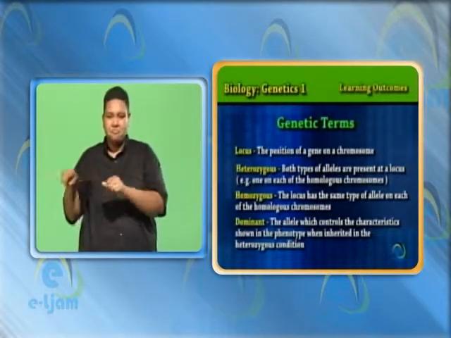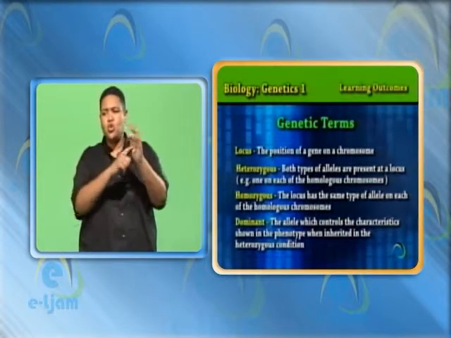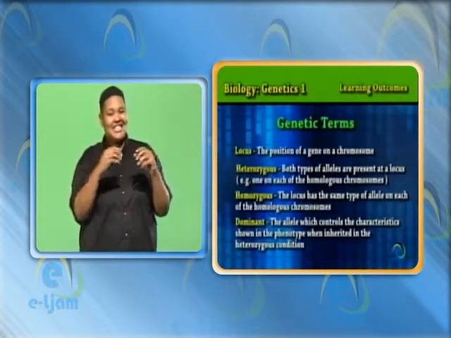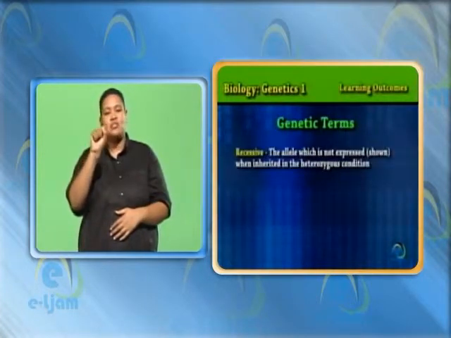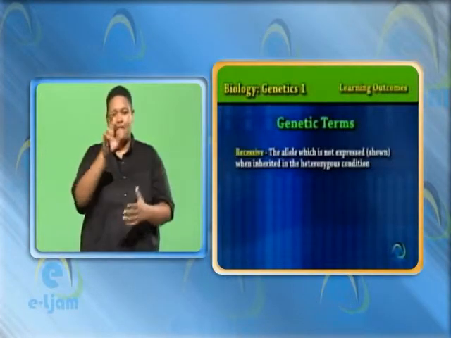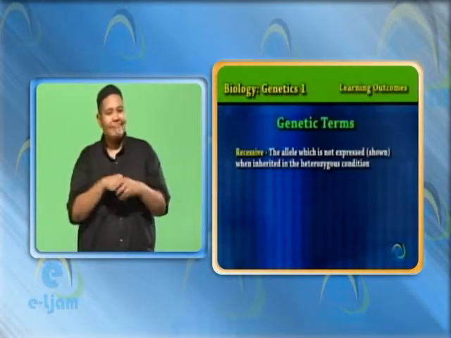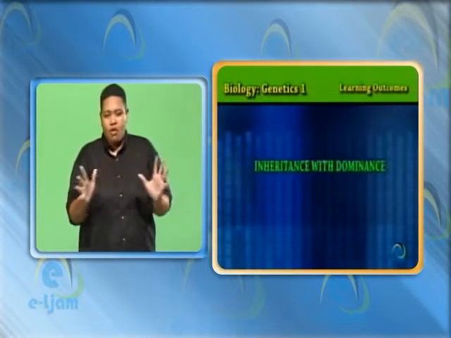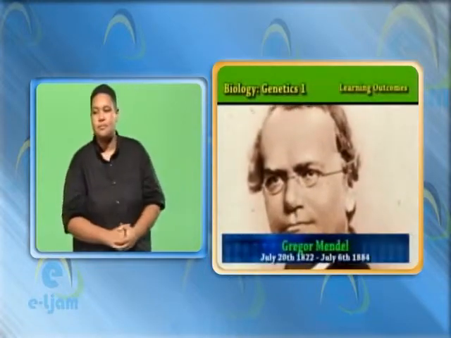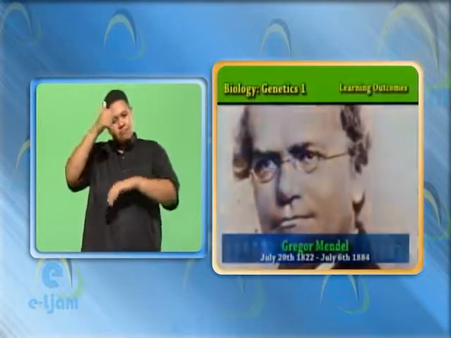Dominant, the allele which controls the characteristic shown in the phenotype when inherited in the heterozygous condition. Recessive, the allele which is not expressed when inherited in the heterozygous condition. Inheritance with dominance. Gregor Mendel, the father of genetics, discovered the following rules.